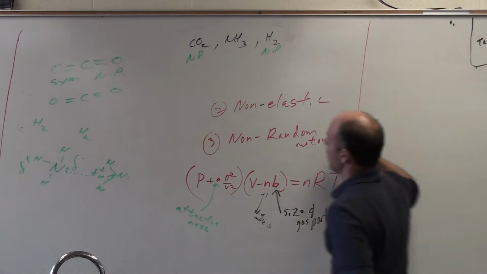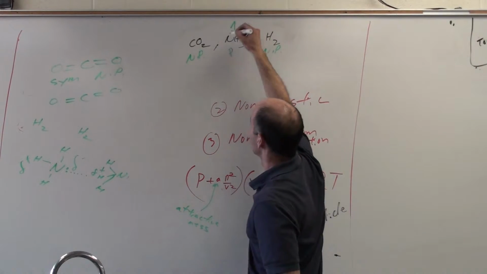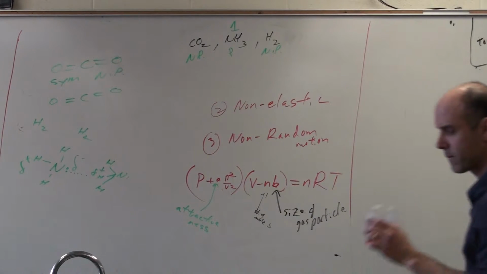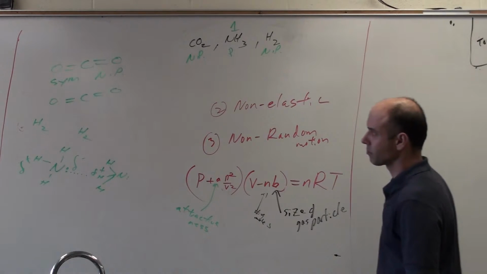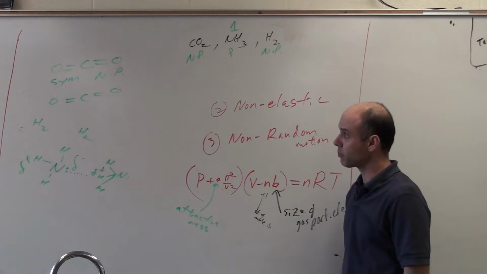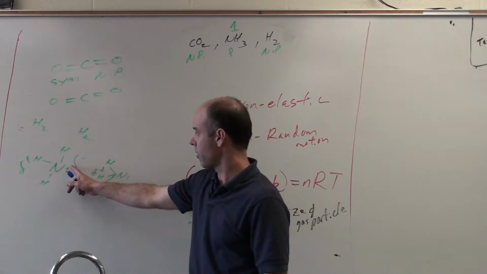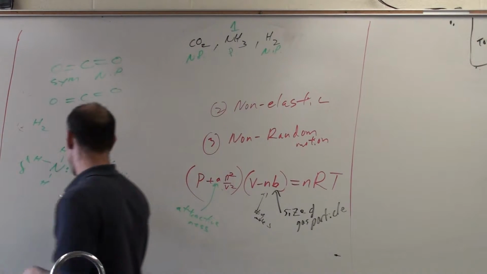So the one that would have the greatest attractive forces is going to be the ammonia. It'd be dipole-dipole, because you have the partial negative on one attracted to the partial positive on the other.